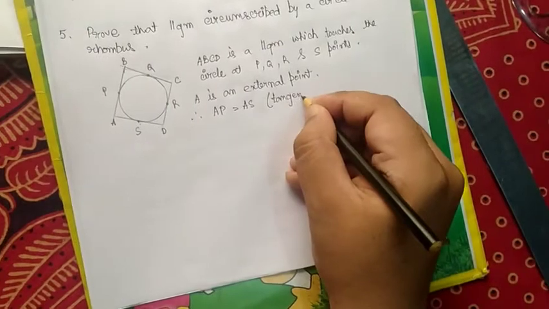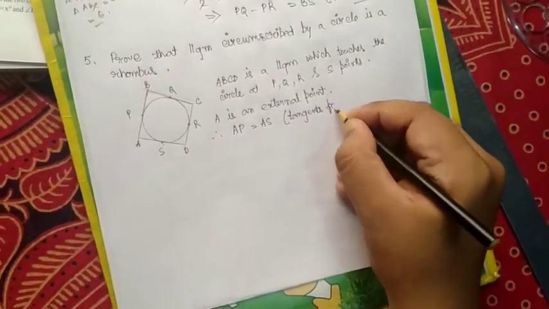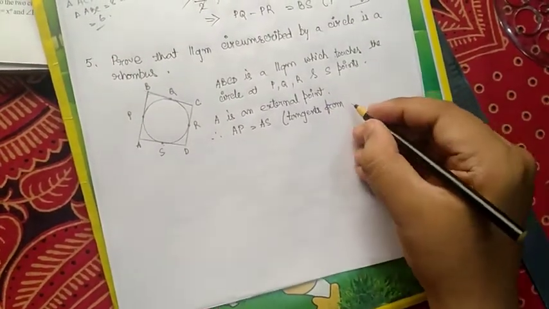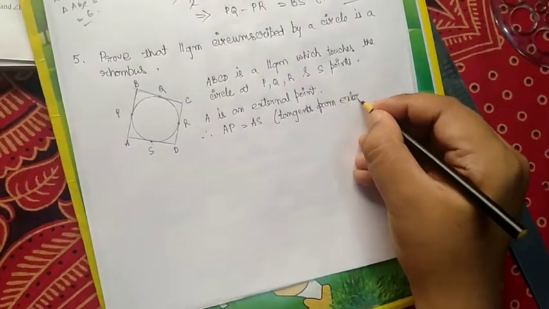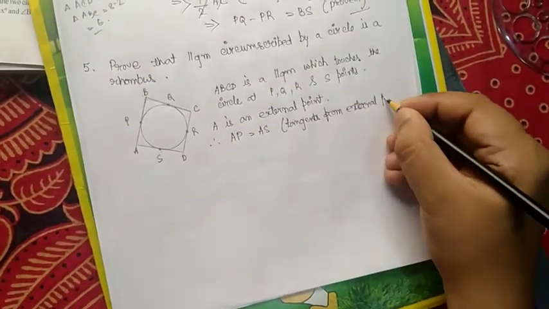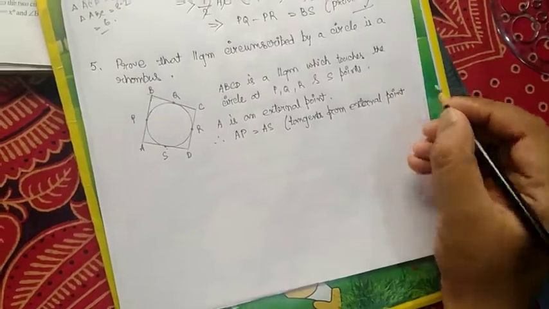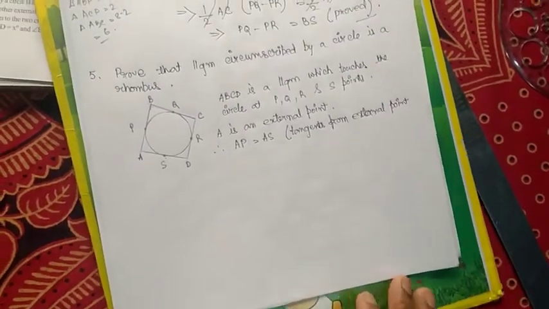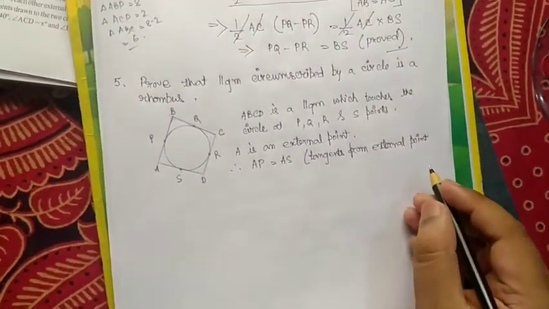Tangents from an external point are equal. We know that from any external point, if we draw two tangents, the lengths of the two tangents are equal.